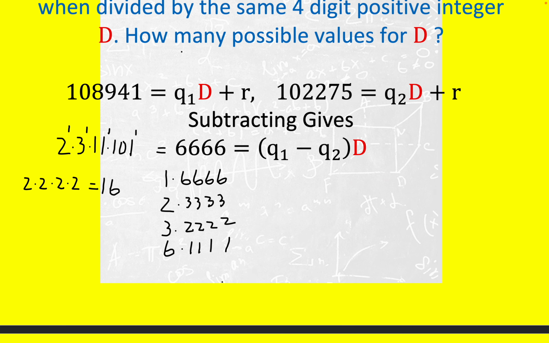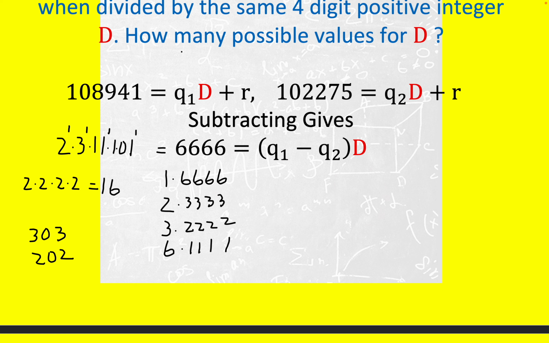But it's pretty easy to surmise that these are the only 4-digit ones. Let me list a few: 222 would be a divisor, 333 would be a divisor based on this prime factorization, and 303 would be a divisor, but it's not 4 digits. 202 would be a divisor. I'm just listing some of those, but you can see that these are the only 4-digit divisors, which is important here.